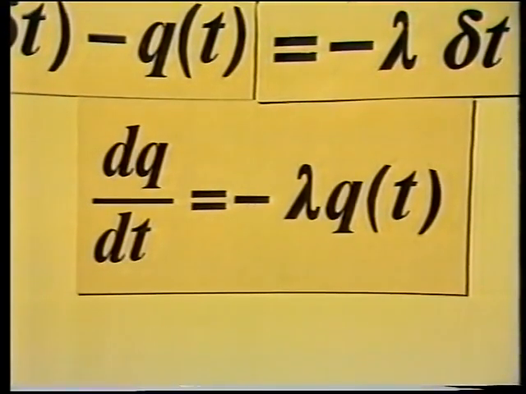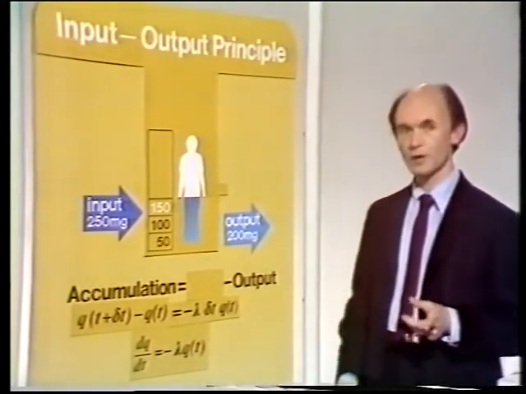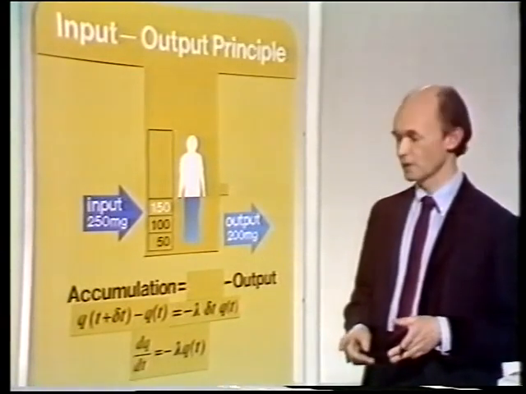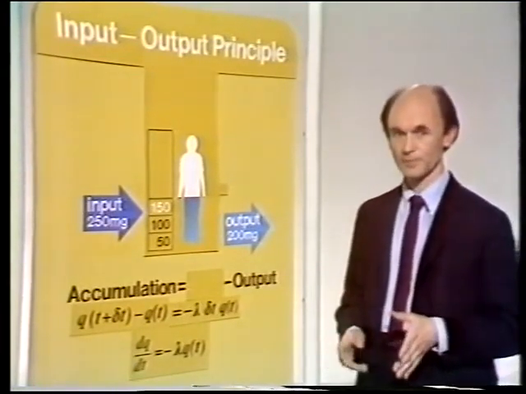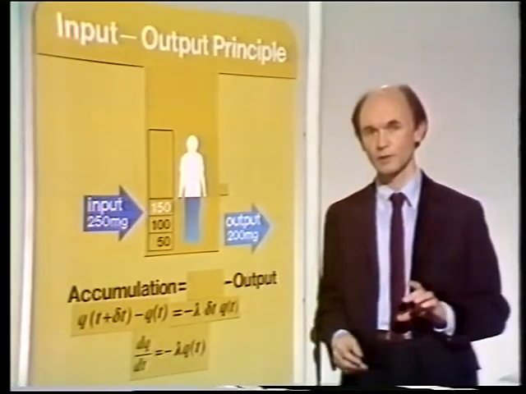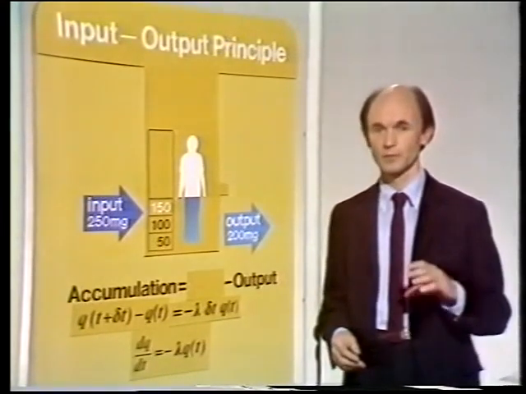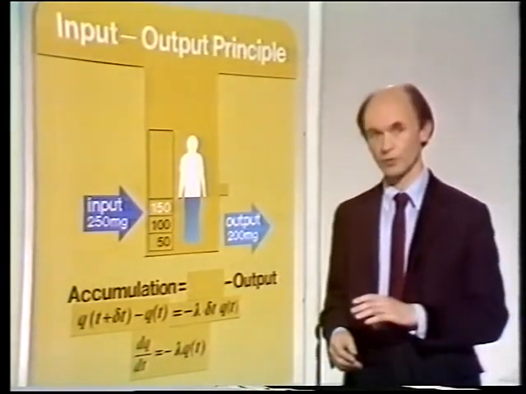Remember that in setting it up, I assumed first that there's no input, and secondly, that the output in a short time interval is proportional to the quantity present. Now, when we've solved these equations, then the next stage of modeling will tell us whether that proportionality assumption is justified when we compare the predictions of this equation with reality.